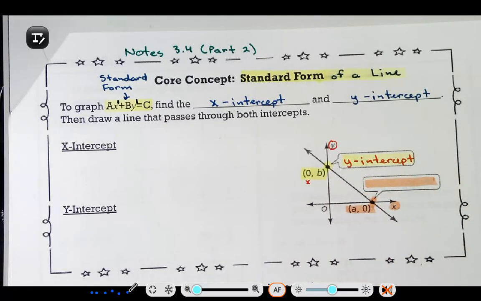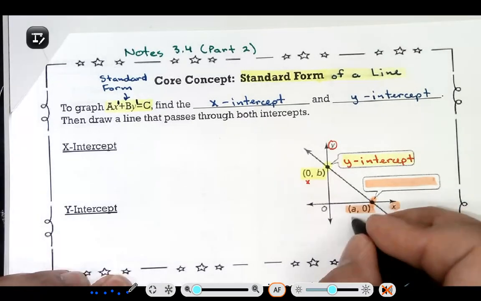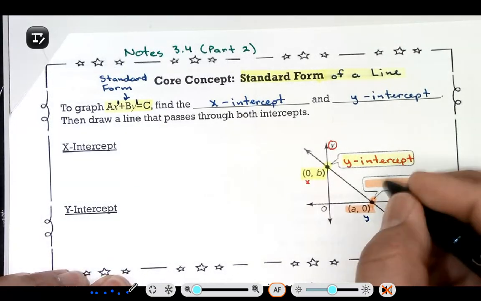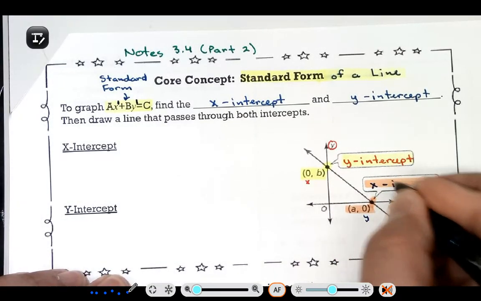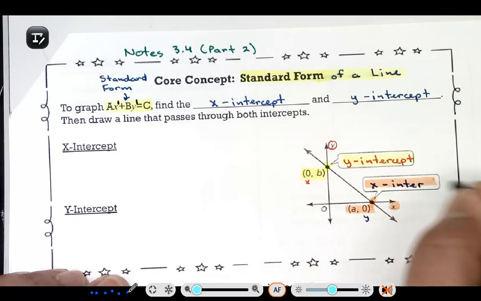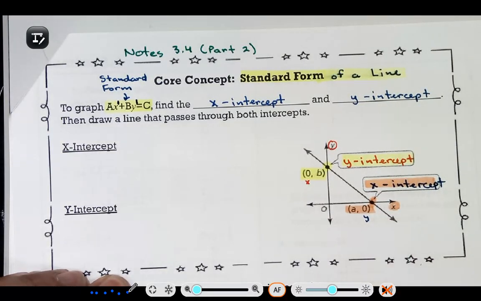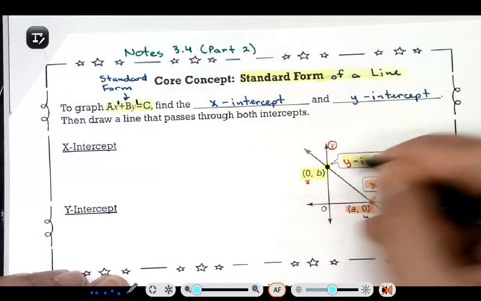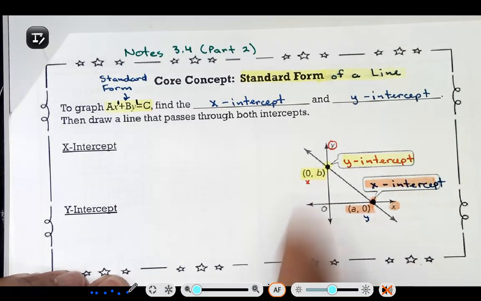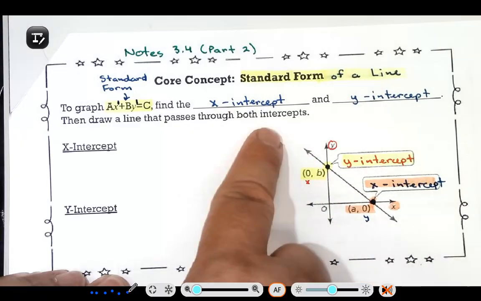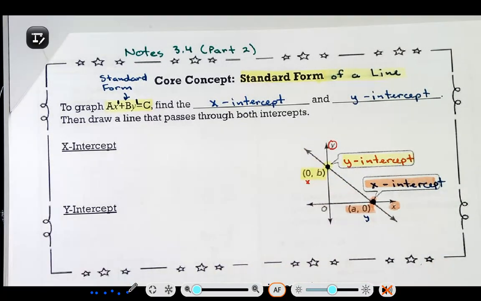So if it's touching the x-axis, and your y is a 0, then we call this the x-intercept, because it's where our line crosses the x-axis. The idea for today is, if you can find these 2 points on the xy coordinate plane, we'll connect them so that we can create these lines.